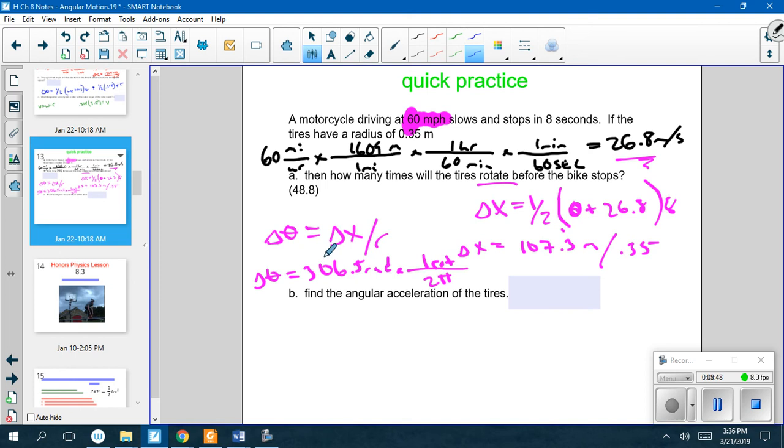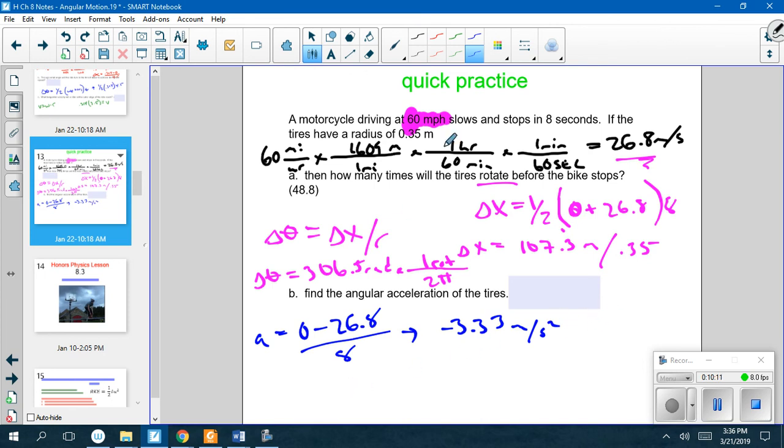It really doesn't matter, whatever you feel more comfortable with. I'm just going to use what we have. So our linear acceleration should equal 0 minus 26.8 divided by our time, and that'll give us a negative 3.33 meters per second squared, and that's our linear acceleration.